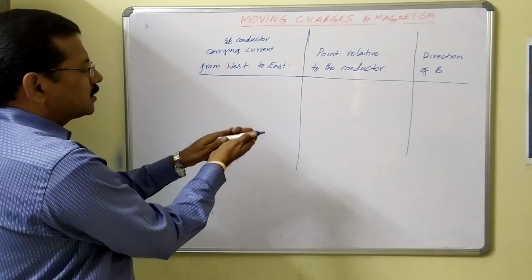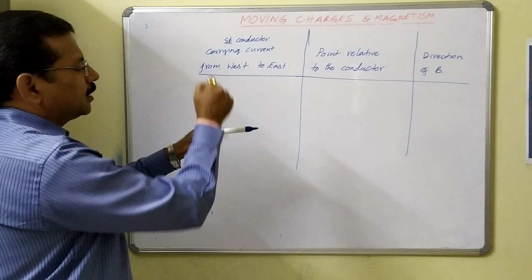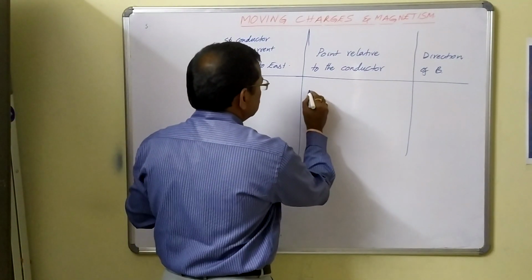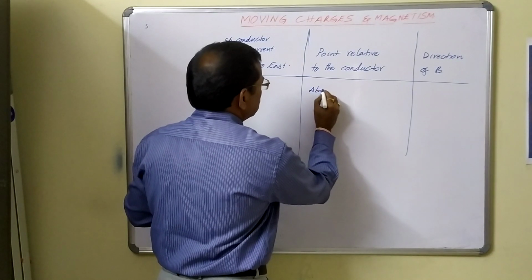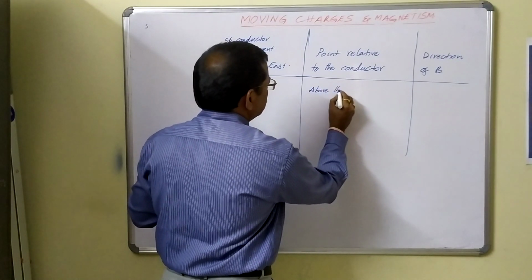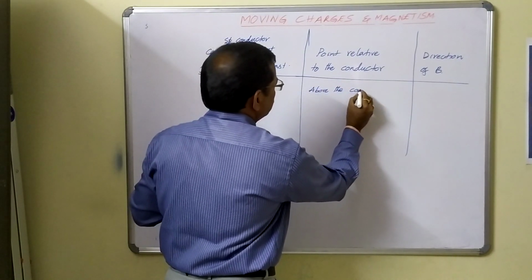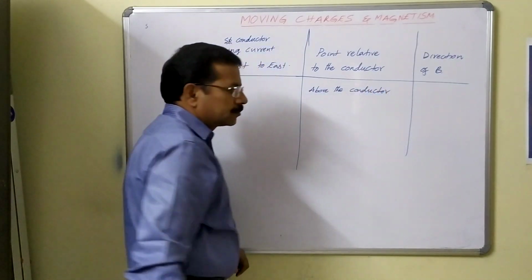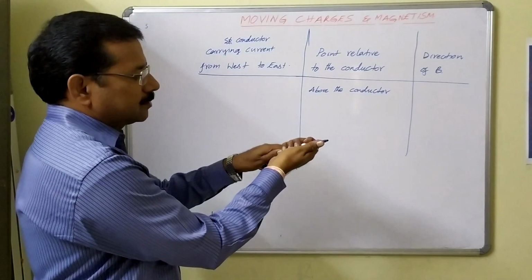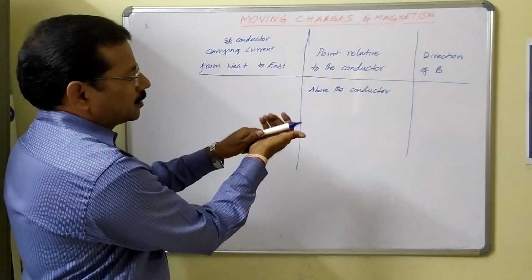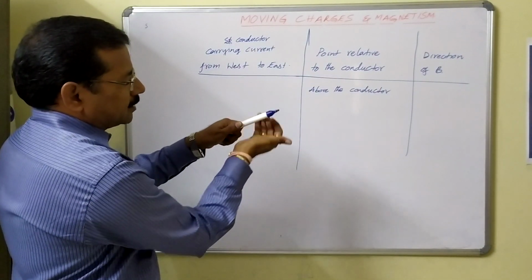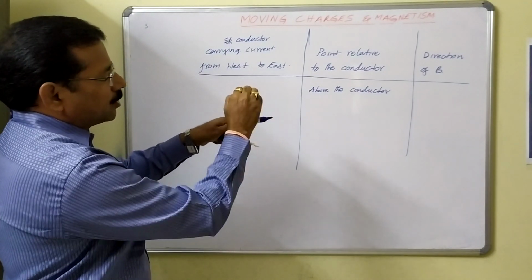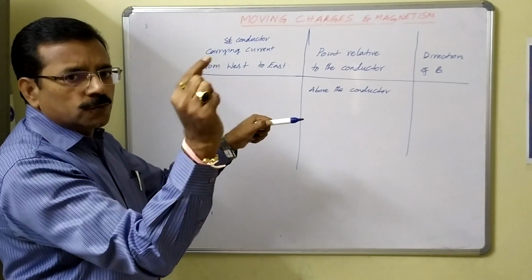Now, consider a point vertically above this conductor. You consider a point like this. At this point, the field lines are like this. At a point above this conductor, if you draw a tangent, it will be towards you.